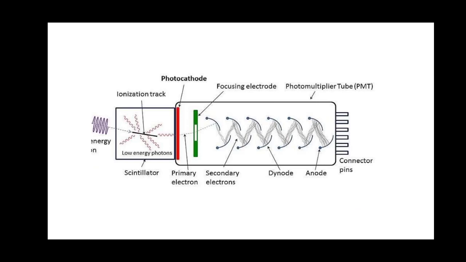Multiple electrons are formed by the PMT, that is the photomultiplier tube, which consists of an anode and dynodes, connected to the pins.